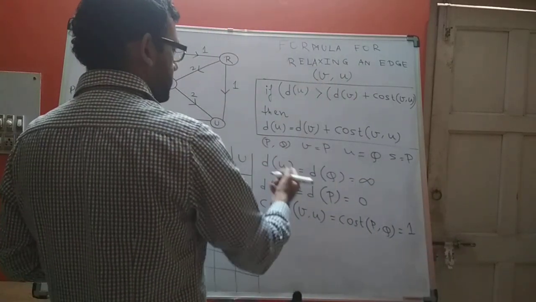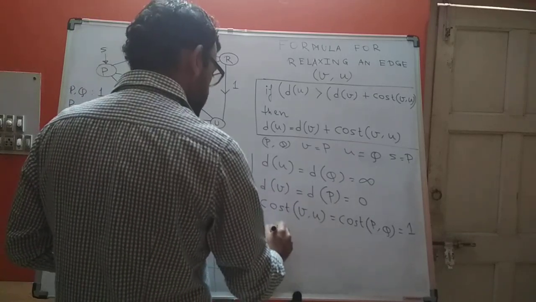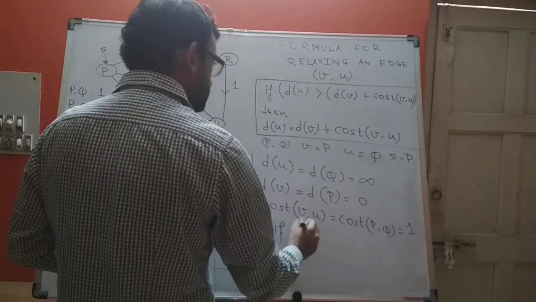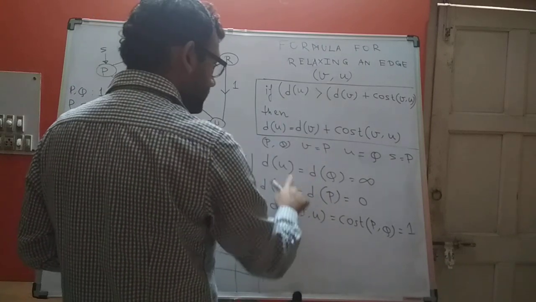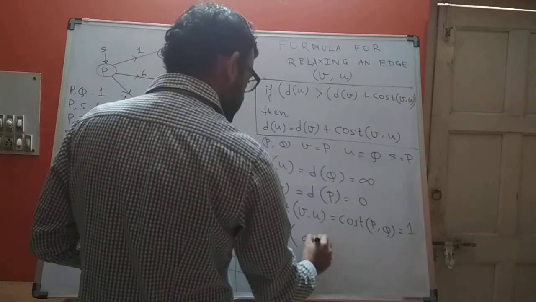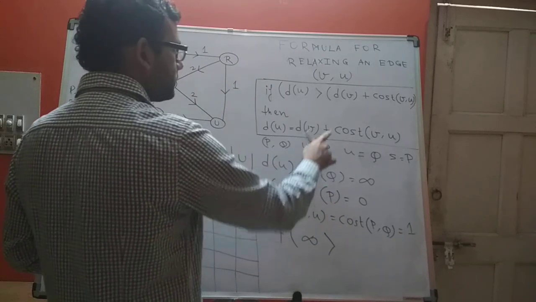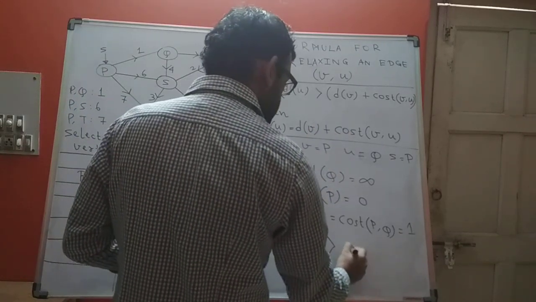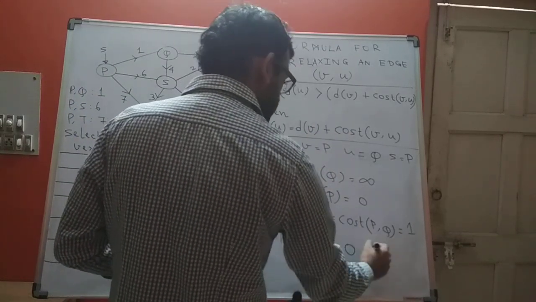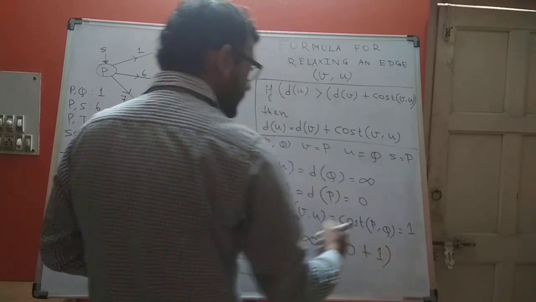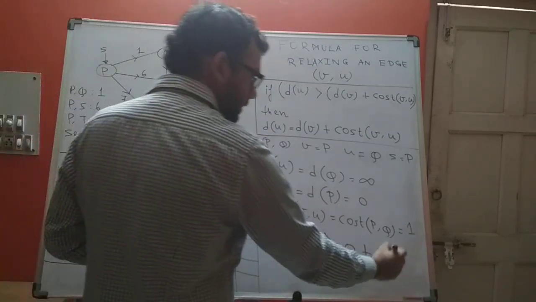Now you check the condition. What is the condition? If du, which is infinity, is greater than dv plus the cost. What is dv? 0. What is the cost? The cost is 1. So is infinity greater than 0 plus 1? Yes, this condition is satisfied.